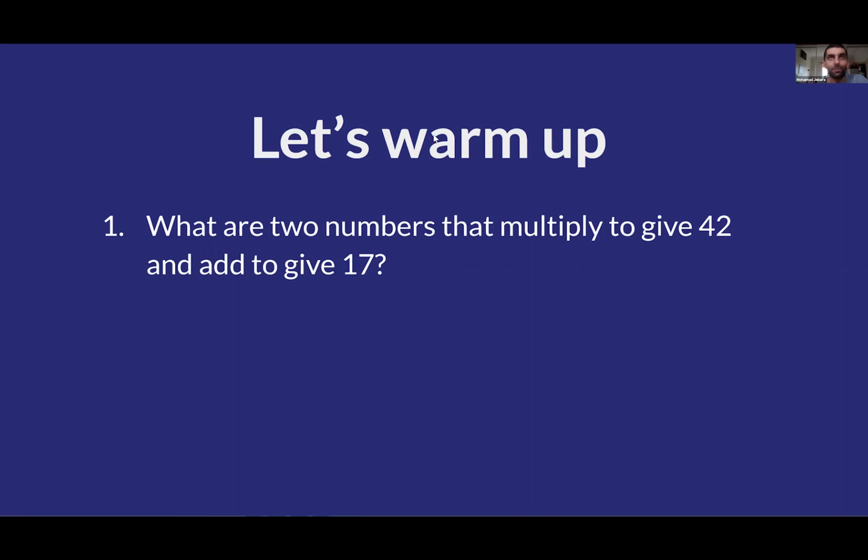Okay, I've launched the poll. I want you to answer in the poll. Yep, I'm seeing some answers come through now. All right, I'm going to give you 10 more seconds for everyone to get their answers in. 5, 4, 3, 2, 1.